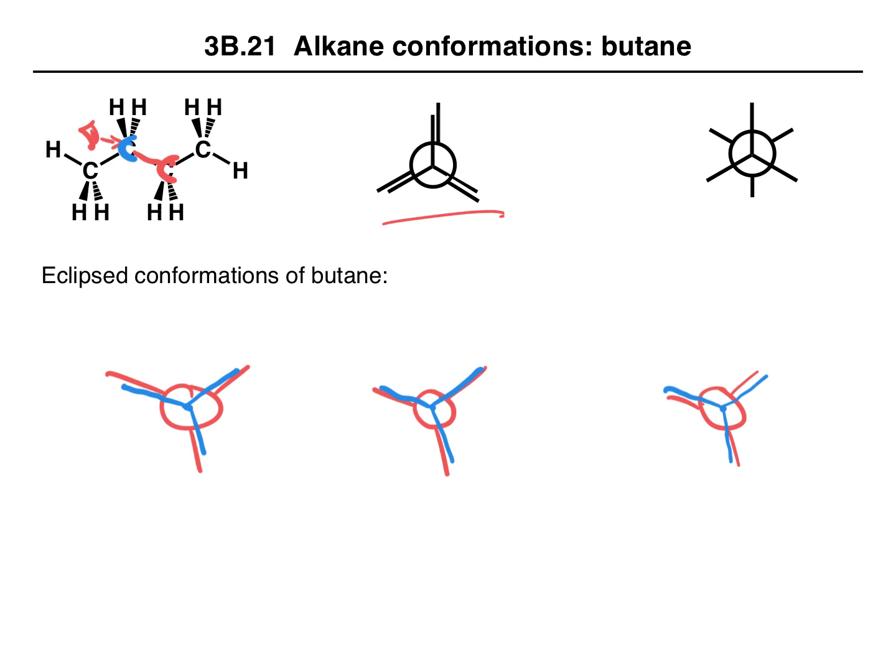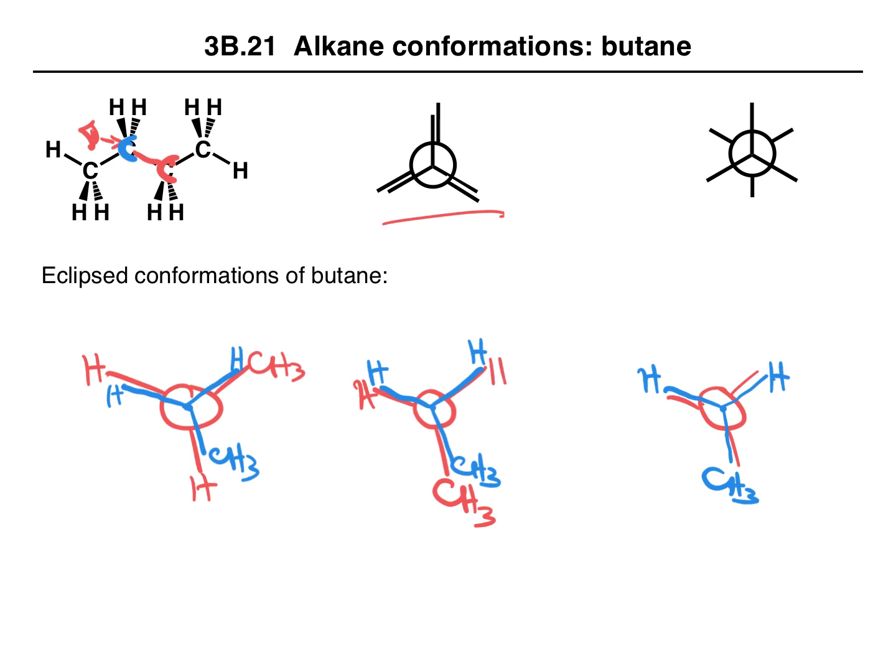Okay, let's do the same thing and keep our front carbon still. So let's have the CH3, H, H, CH3, H, H, CH3, H, H. Now for our back carbon, let's say we have the CH3 here, H, H. Now keep the front carbon still and turn the steering wheel so that the back carbon turns this way, and that will put the methyl group here, hydrogen, hydrogen.